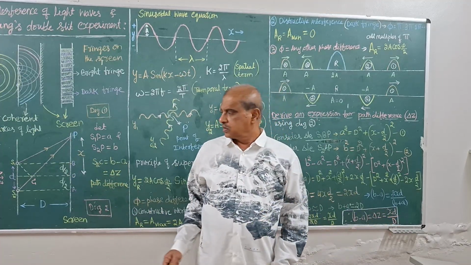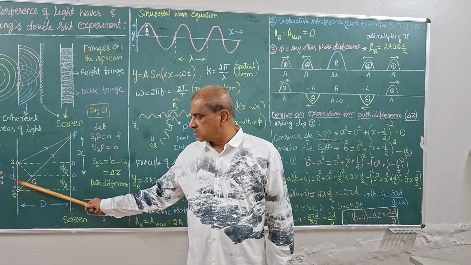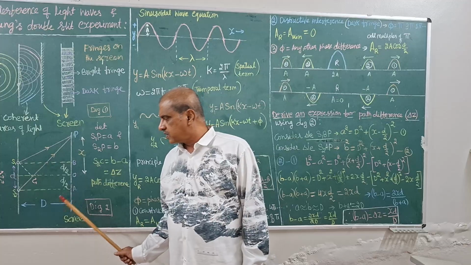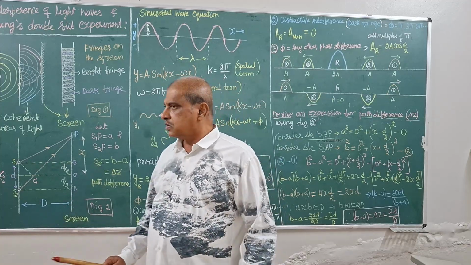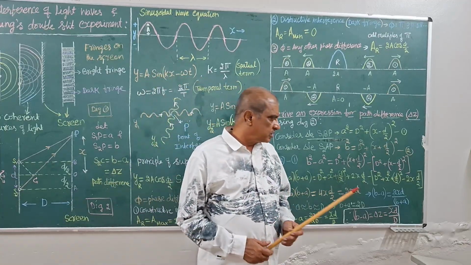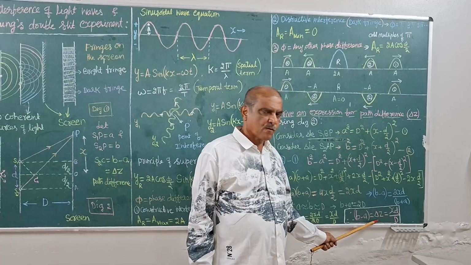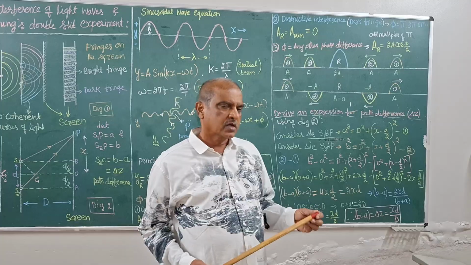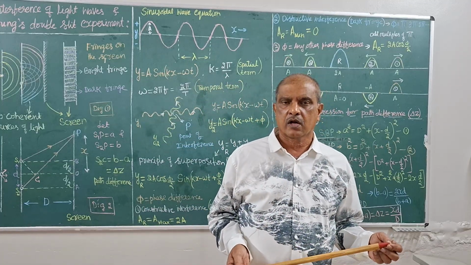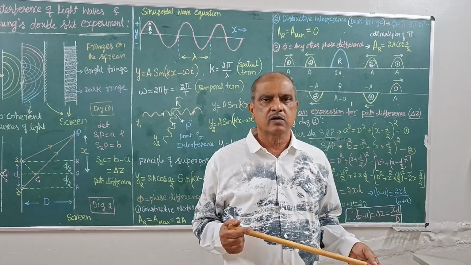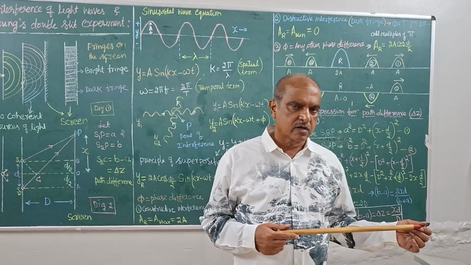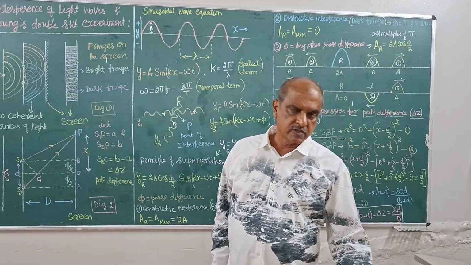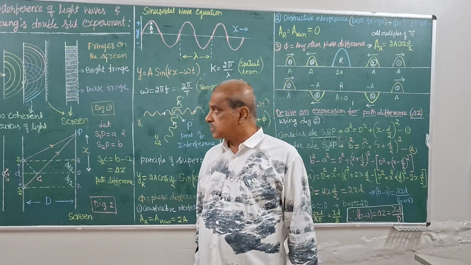The slit separation distance. And capital D is the distance between the double slit and the screen. So this is the equation. This equation can explain the conditions for constructive interference and destructive interference: constructive for bright fringe, destructive for dark fringe. In the next class we shall understand that. Thank you very much.